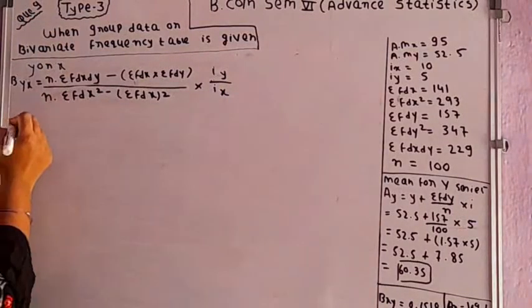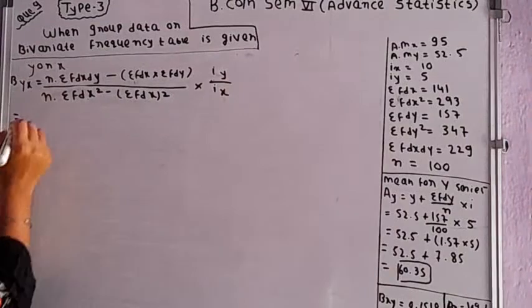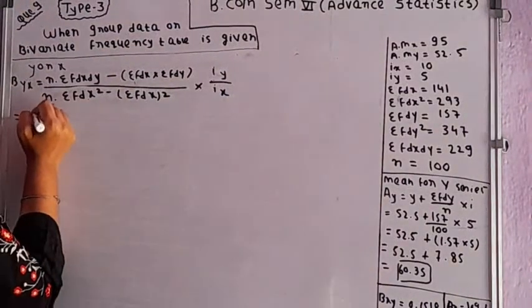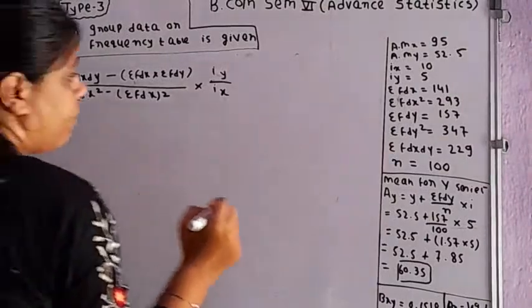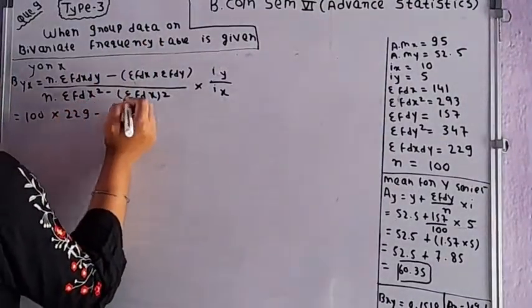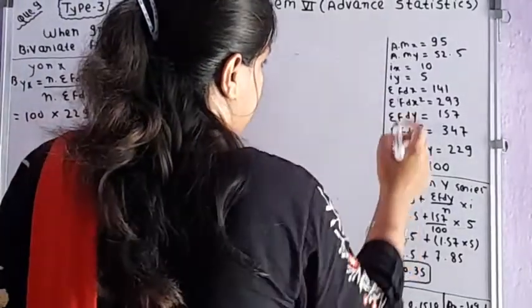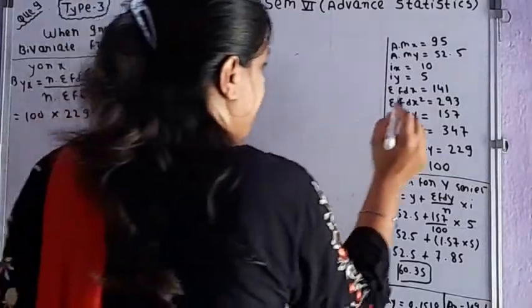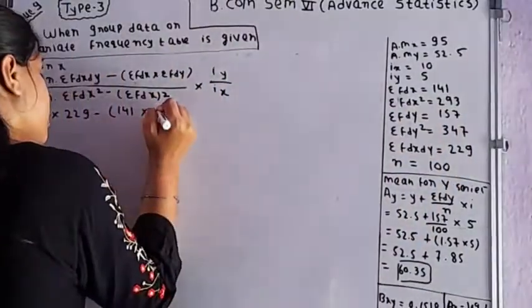Okay. Now we have to put these values in the formula. So n is 100, summation f dx dy is 229, minus summation f dx 141 into summation f dy 157.